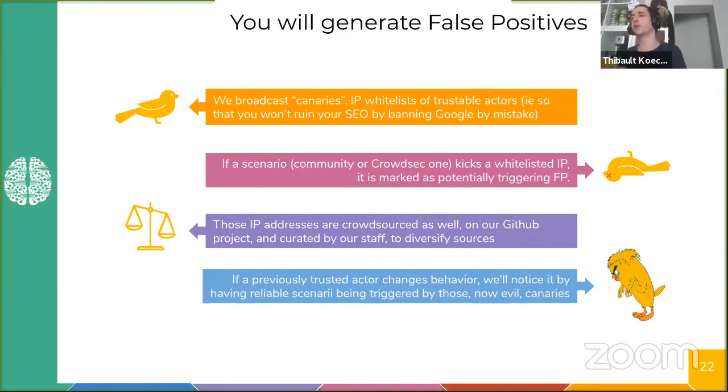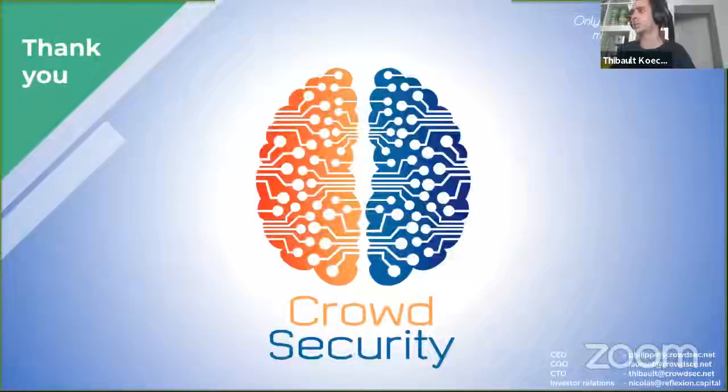Scenarios that start to ban, for example, Googlebot or search engine bots, mean that the scenario is sensitive to false positives. And we intend to keep all this as open as possible on GitHub or such a platform where people can contribute, challenge, etc. the canary list that we are going to provide.